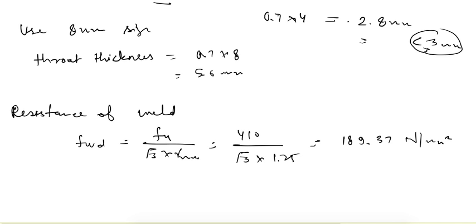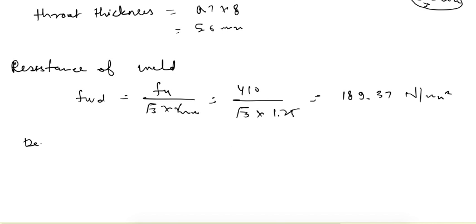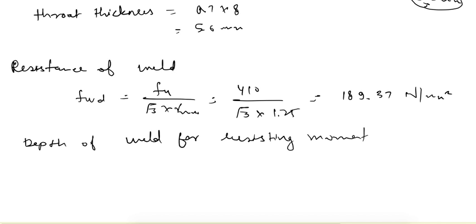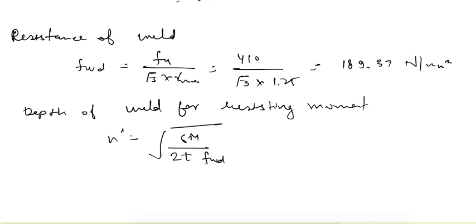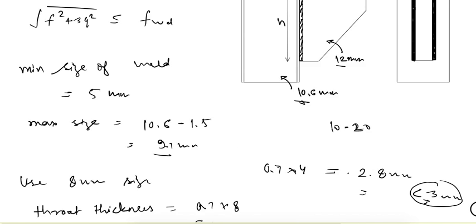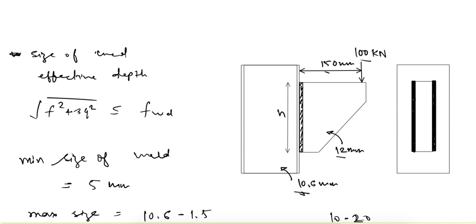Now what we are going to do next in the design is find out the depth of weld. First, the depth of weld for resisting moment. As we saw, it is equal to the square root of 6M divided by 2t FWD. So from here, square root of 6 into, what is the value of moment? Here this 100 kilonewton is the working load.